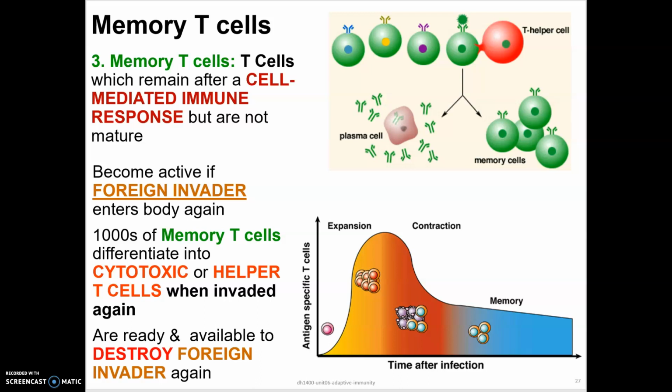So if we encounter the same pathogen we've encountered before, we've got thousands of these memory T cells that are present already, and then we don't need to go through that clonal selection anymore. Those memory T cells will just differentiate into cytotoxic T cells or helper T cells, and then they'll immediately get to work on destroying that invader. So we don't need to go through all these steps again. We kind of skip those steps and then move right into fighting the infection.